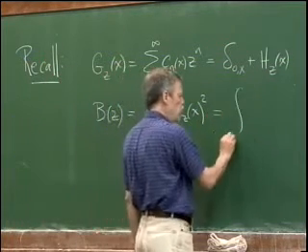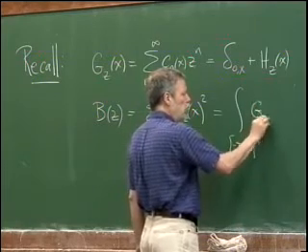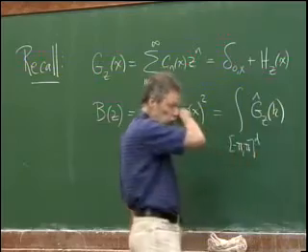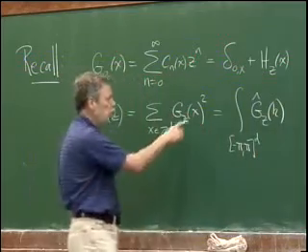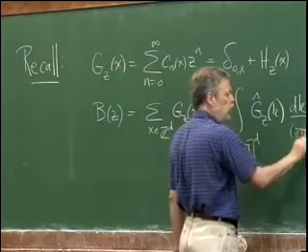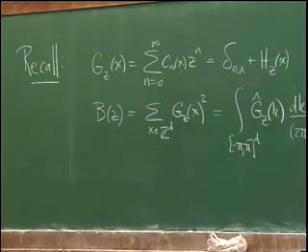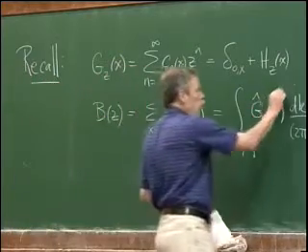So this is equal to the integral over the torus of the Fourier transform, which is just a multidimensional Fourier series, squared, dk. That's a d-dimensional Lebesgue integral, which is normalized.